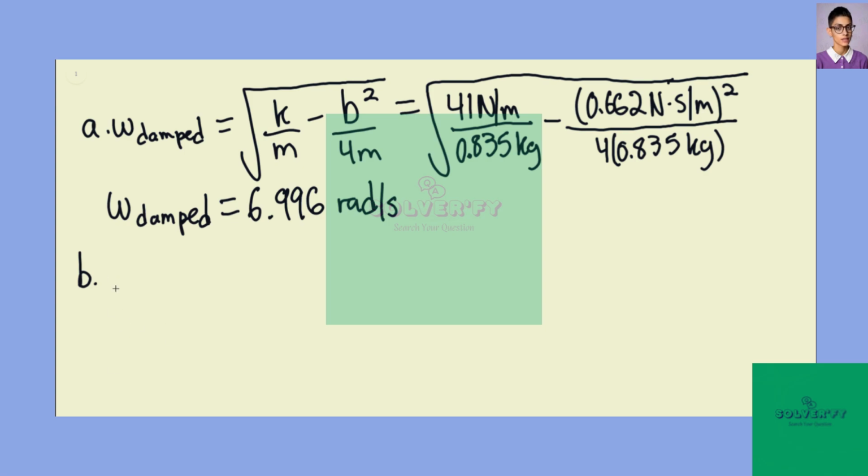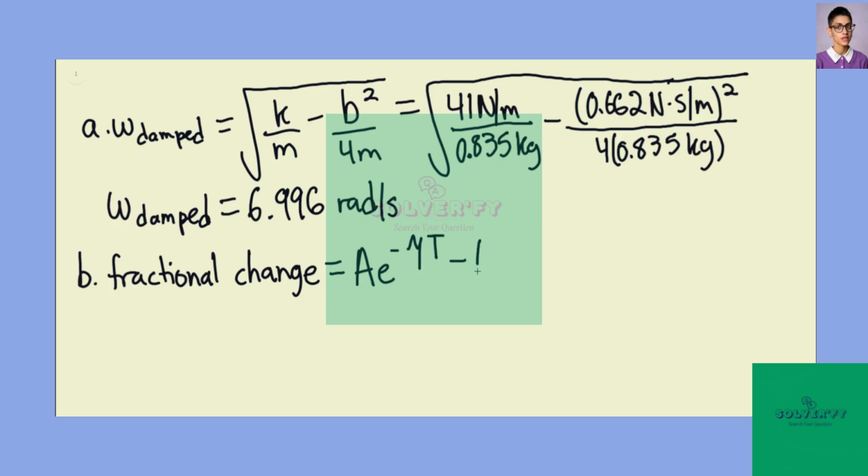So the fractional change would be equal to the amplitude times e to the negative gamma t minus A, the amplitude, divided by A, the amplitude. And so this is going to be equal to e to the negative gamma capital T, period, minus 1.